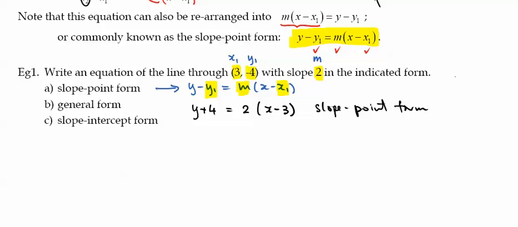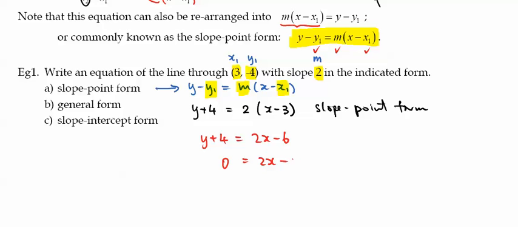But let's say you don't like to work with an equation that has brackets in it, like many people tend to open up the bracket and expand it. If you choose to expand it out, 2x minus 6, and put everything together, you will then be able to come up with the general form.